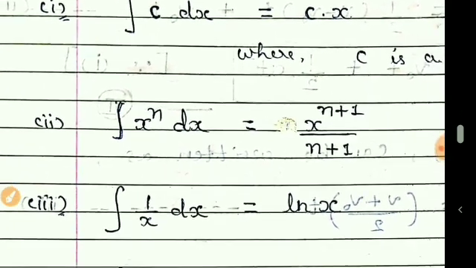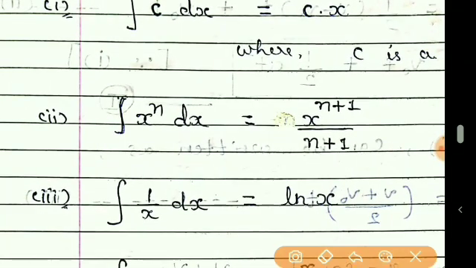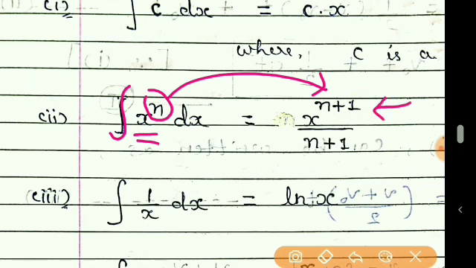Next, number 2, integration of x raised to n. Here remember that the power is increased by 1. So it is x raised to n plus 1, upon whatever the new power is, in the denominator.